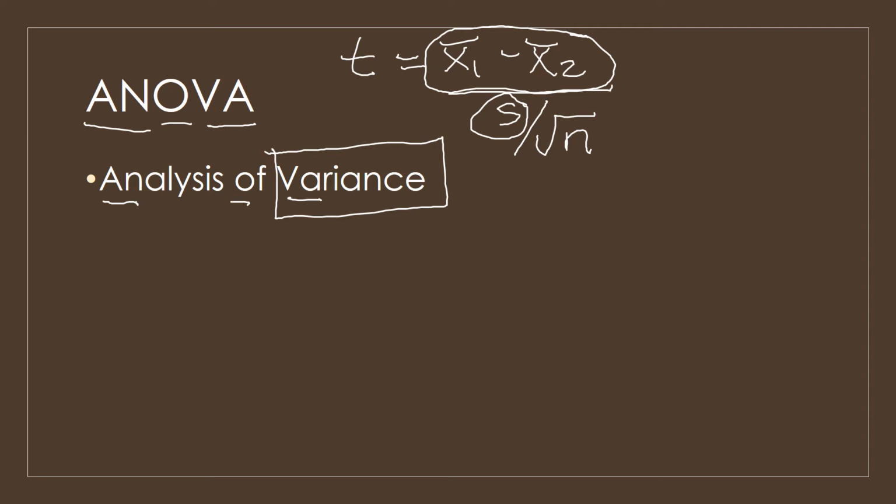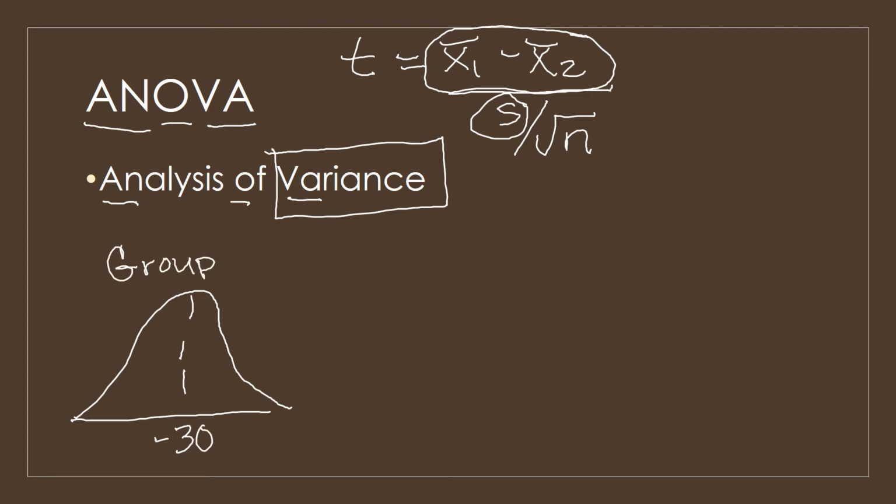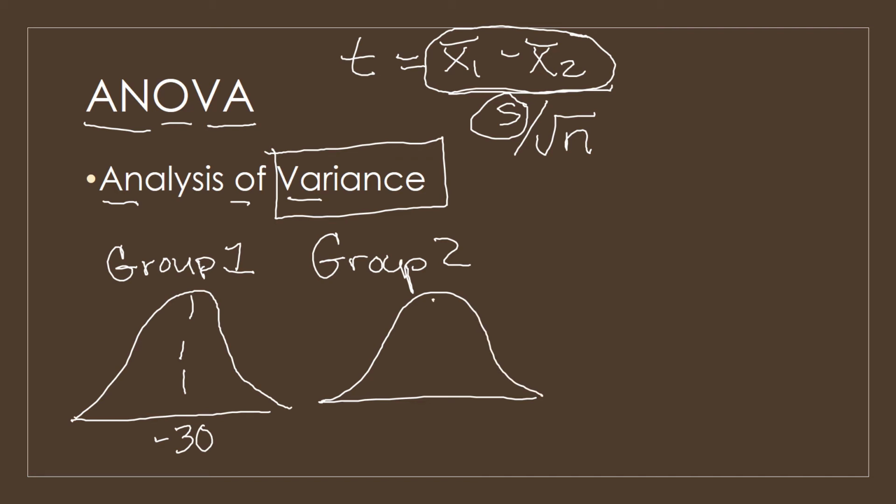And the reason that's important is because we have 3 groups now. So let's take, for example, say we're doing a t-test, and here's our first distribution and its mean, and say it's at negative 30 for group 1, and then for group 2 say it's at 10.